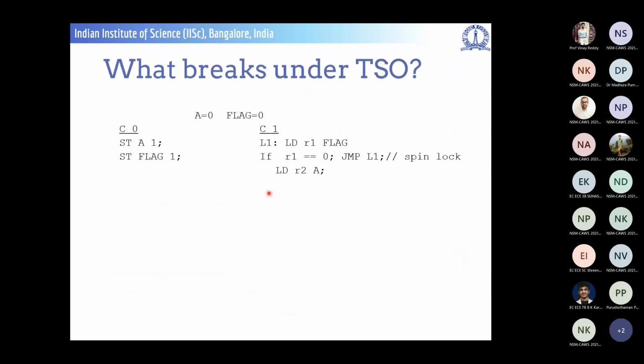So these two loads are to different addresses, but it cannot happen that the load to A was executed before the load to flag. That won't be allowed either. So this program will work as it is. You can see that some of the programs where you require this semantics will still work fine under TSO.